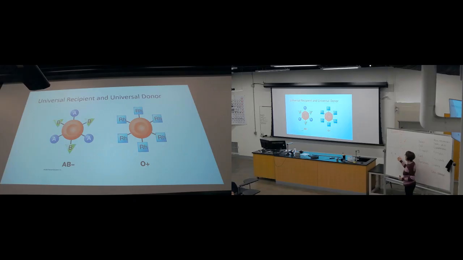In this case, it's semicircular to bind this sphere. So let's say this is A blood. And this antibody is an anti-A antibody. So this one can fit into here.